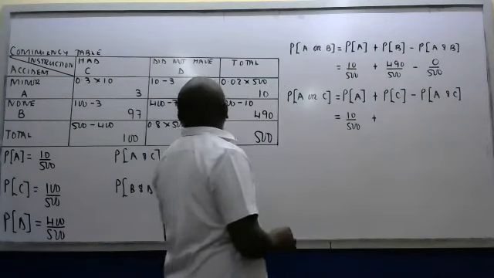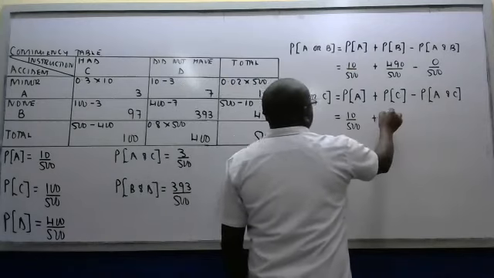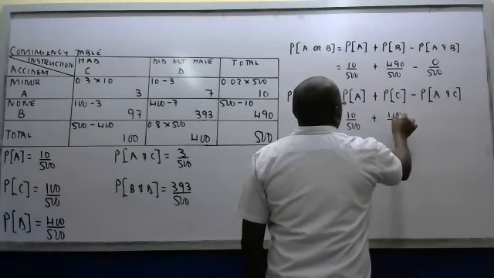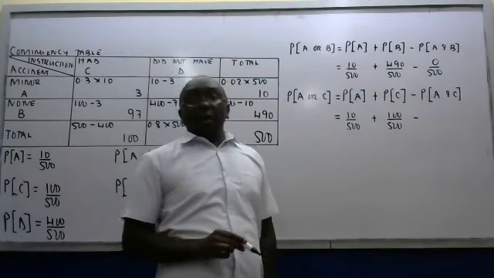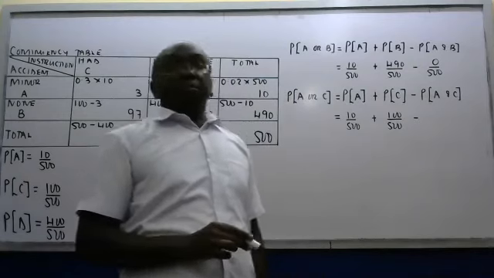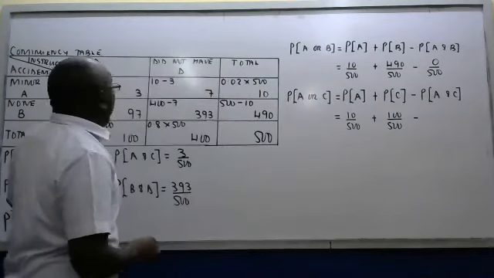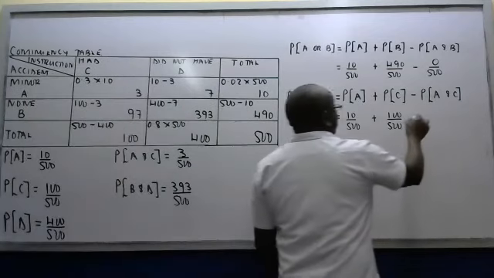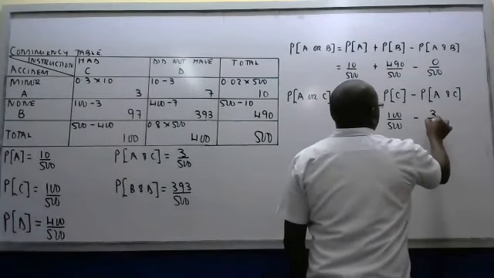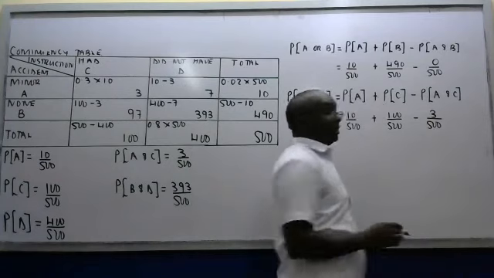Probability of C is 100 out of 500. Now, do they meet anywhere? Yes. Where they meet, A and C, we have 3. So 3 divided by 500.